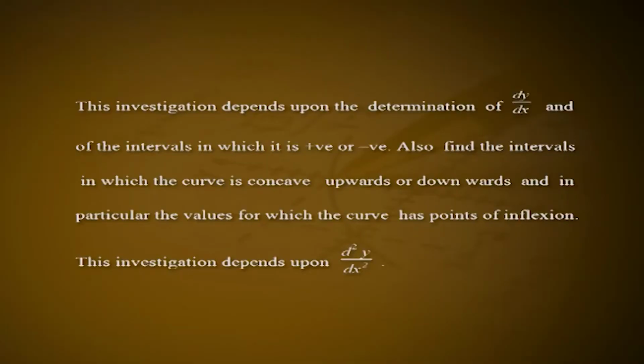This investigation depends upon the determination of dy by dx and of the intervals in which it is positive or negative. Also find the intervals in which the curve is concave upwards or downwards, and in particular the values for which the curve has points of inflection. This investigation depends upon d square y by dx square. Taking into consideration all the points given above, the curve can be traced out.